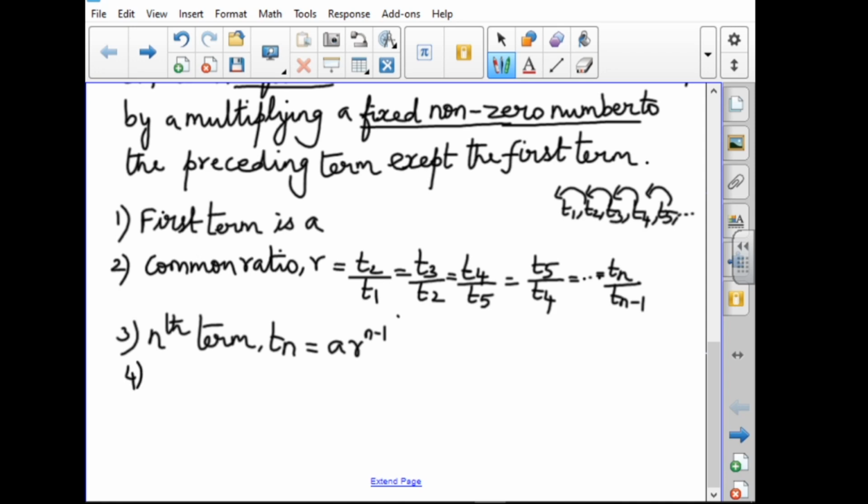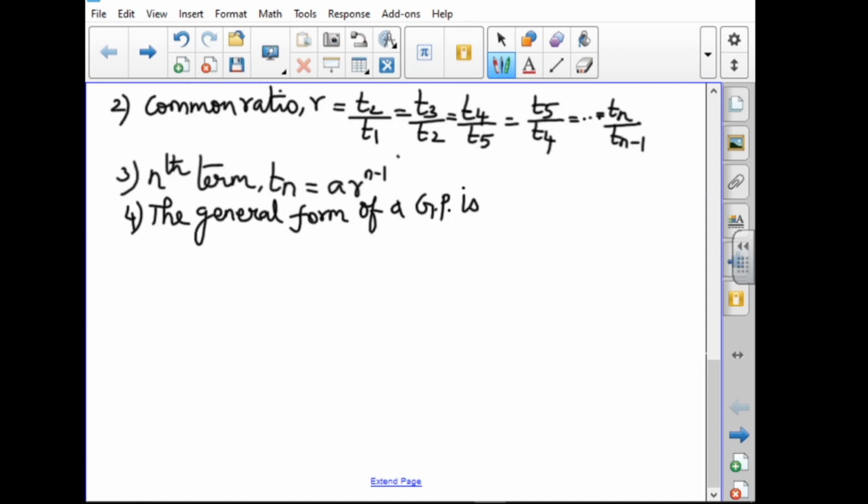Fourth, the general form of a GP is: first term A, second term AR, third term AR squared, fourth term AR power 3, etc. The nth term is AR power n minus 1.